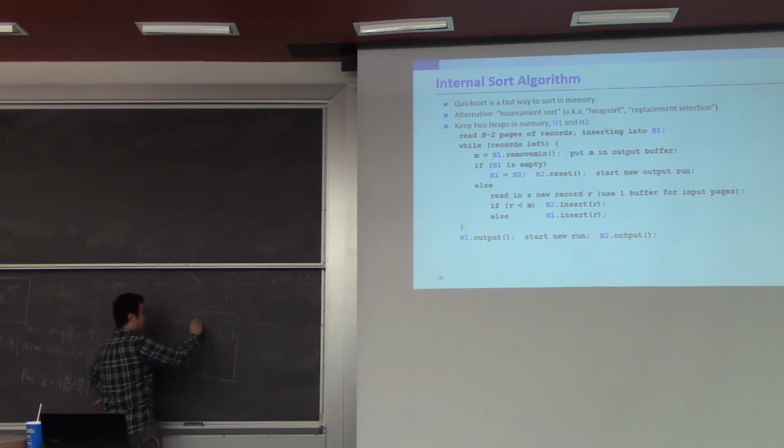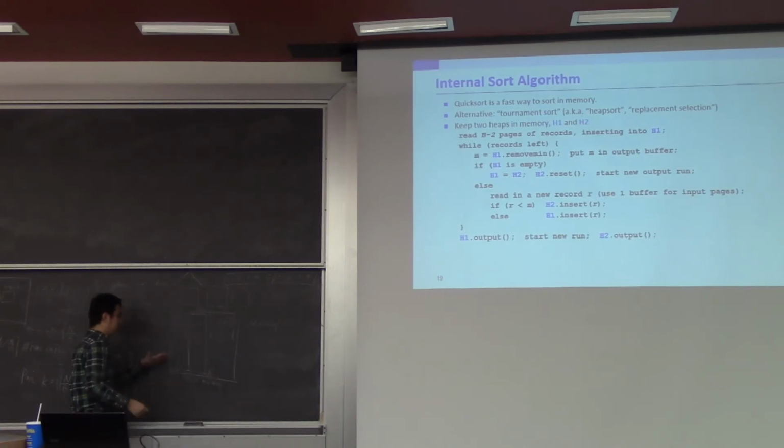For the first heap, your index starts at 0 here, and it goes all the way down to some number, N1. So this is H1. Where is H2? It's actually here. H2 is a zero size min heap.